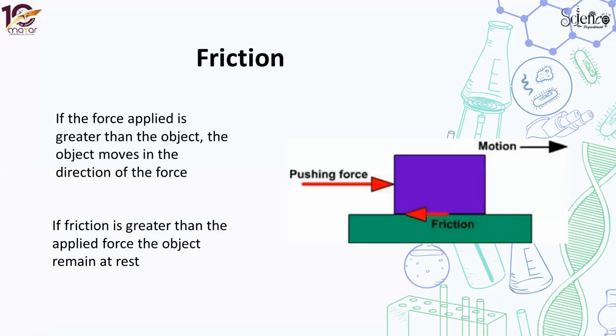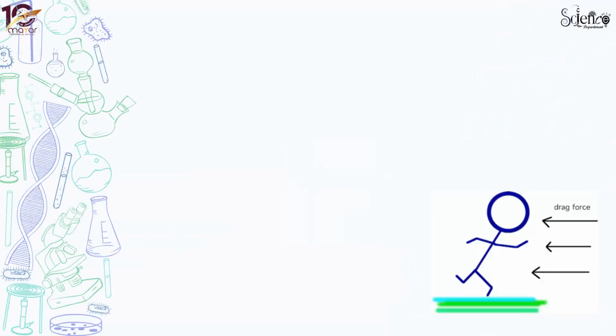So if the force applied is greater than the friction, the object moves in the same direction as the force, and if the opposite, the object won't move. An example of a type of friction is drag. What is drag? Muhammad Haddad.